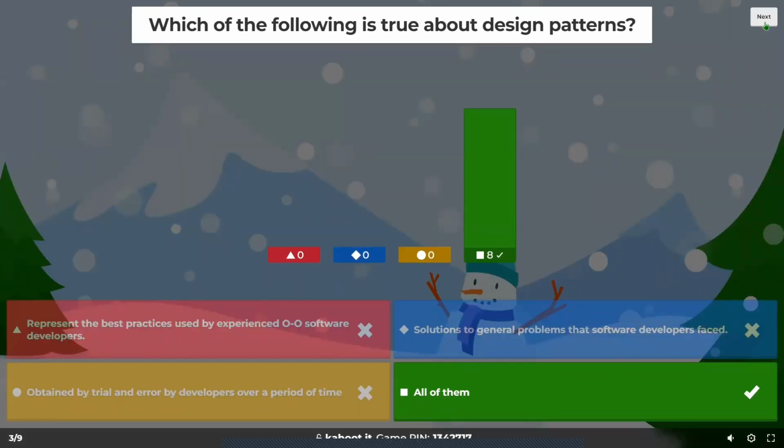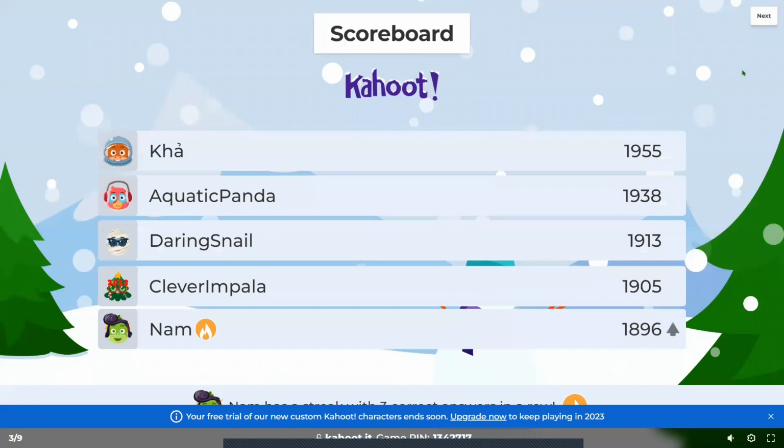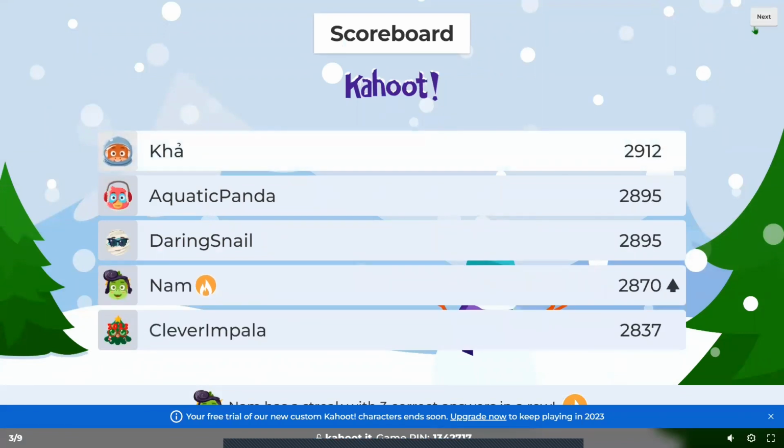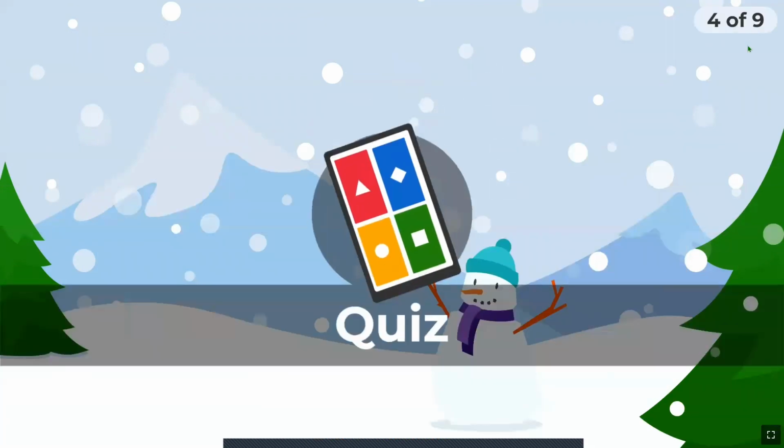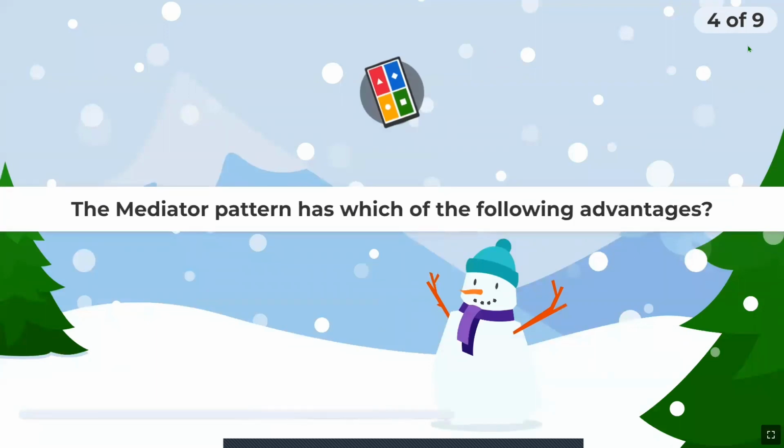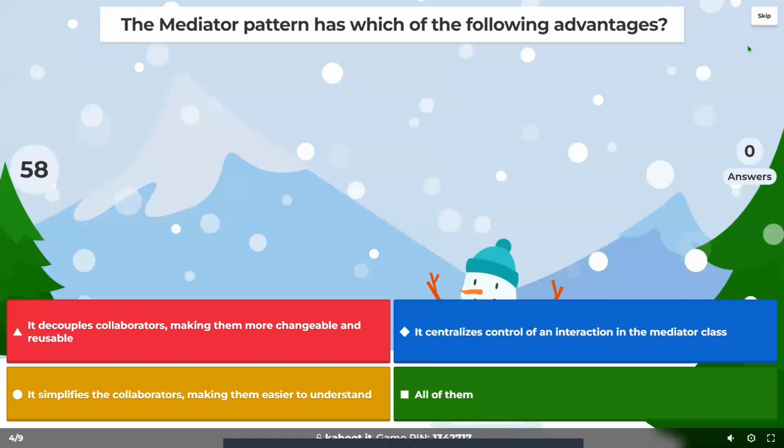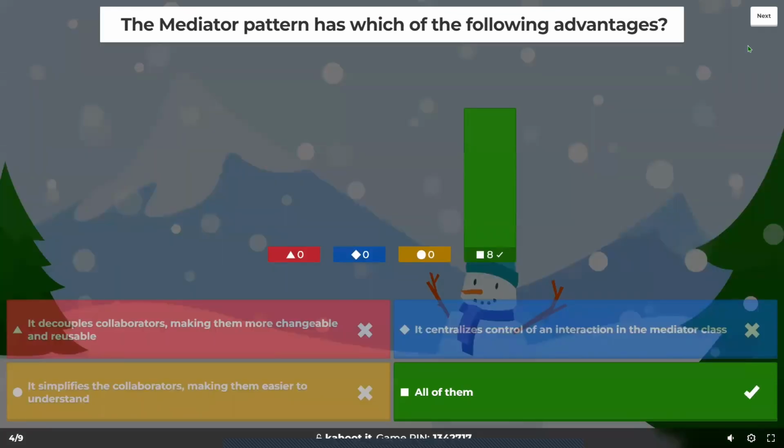All of the answers are true, so the correct answer is all of them. The mediator pattern has which of the following advantages? The answer is all of them.